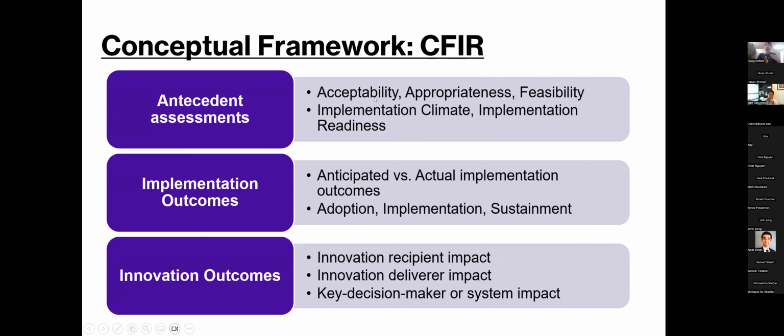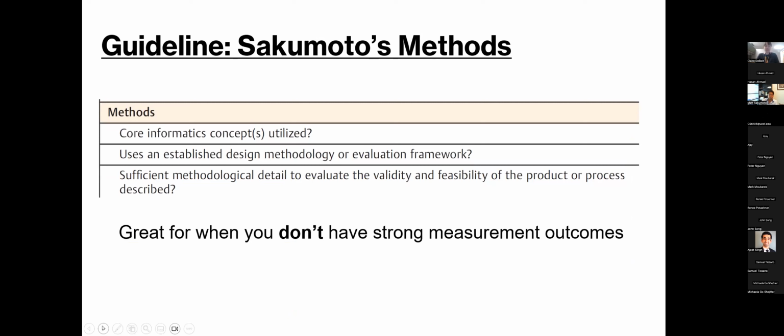How likely was it that nurses were going to accept this QI project and find it appealing? And then what was the anticipated versus actual outcome? So I really like this framework for projects that I think fellows would be approaching. Matt, I'll leave you to comment on this one.